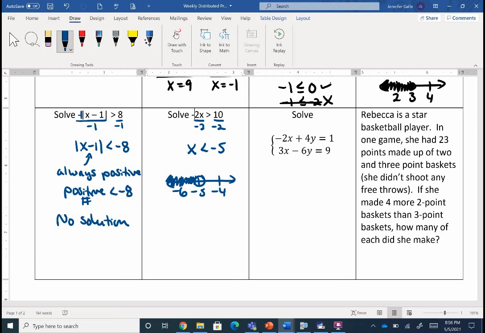To do elimination, we need to create a pair of opposites. So that means I need a positive and a negative of the same value for x or for y. So I'm going to check out the x first. I have a -2 and a +3. There's no whole number, integer, that I can multiply -2 by and get 3.